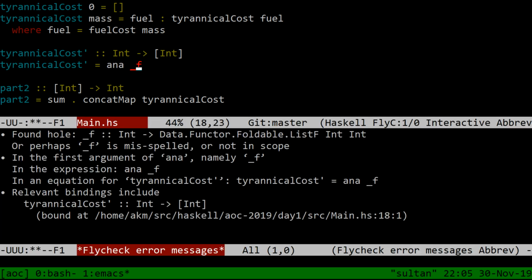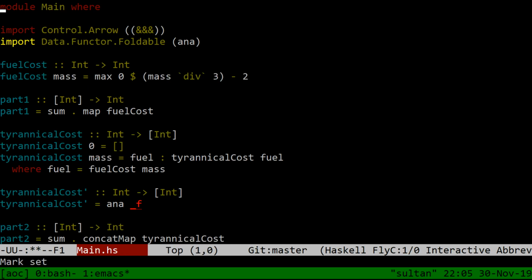Okay, and we'll handle the Int by currying. Yeah, and so now it's telling me, okay, you need a function from Int to ListF of Int and Int, and that's what I thought. But where does ListF come from? Oh, it's in Data.Functor.Foldable. Okay, so it's implemented in Data.Functor.Base, but re-exported in Foldable. Got it. So we want ListF and all of its constructors.